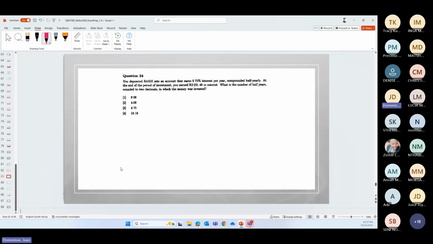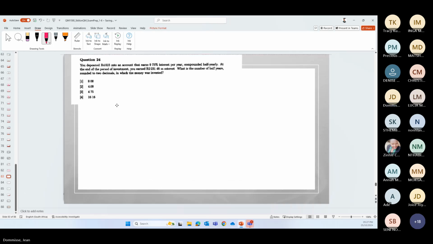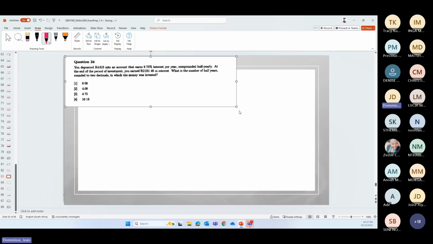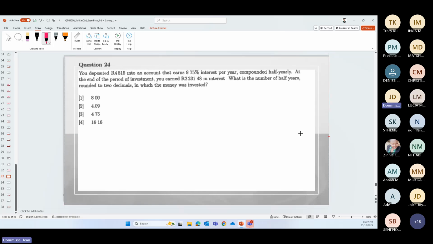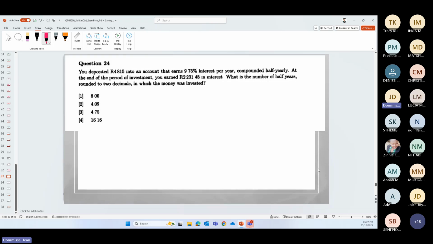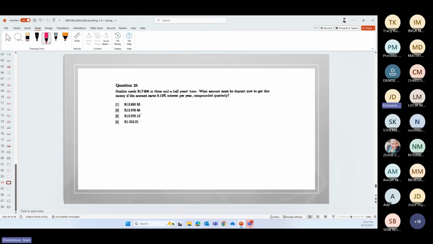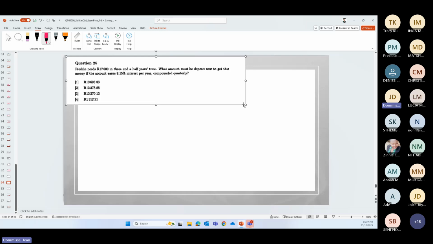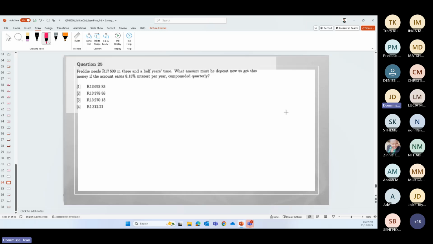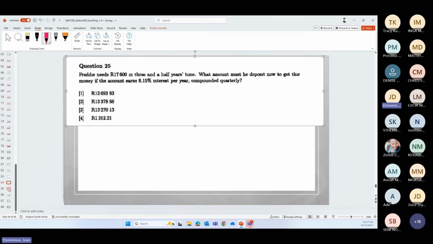Okay, so this is probably again a bit different. So I think I will get one of the obligations questions, or maybe just look at if something is posted on the WhatsApp, because most of these are compound interest.